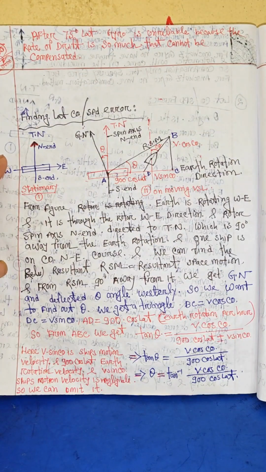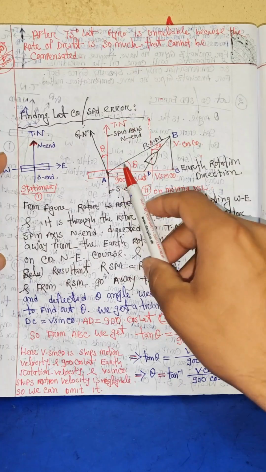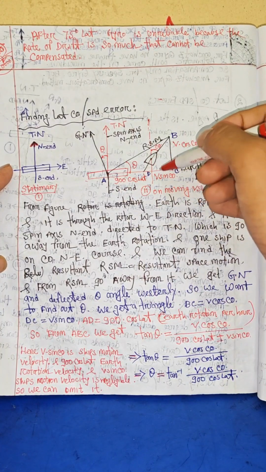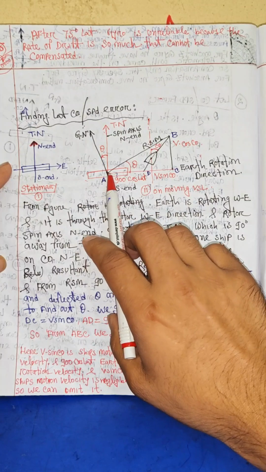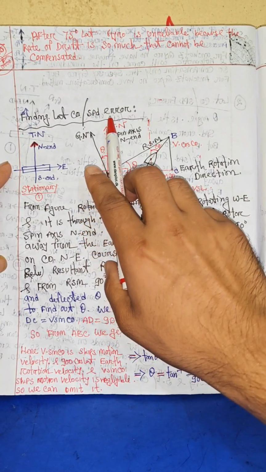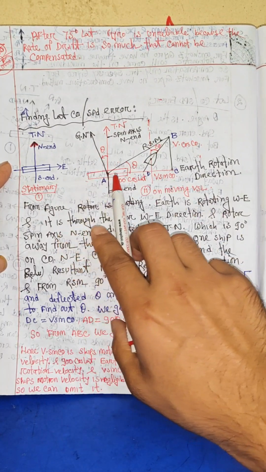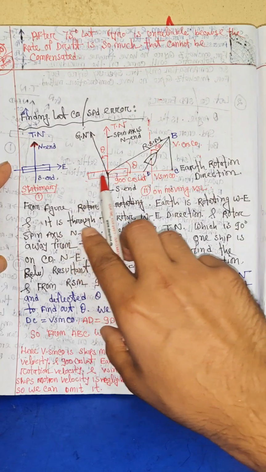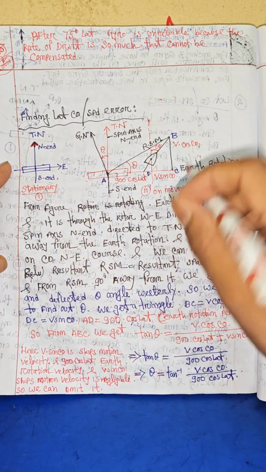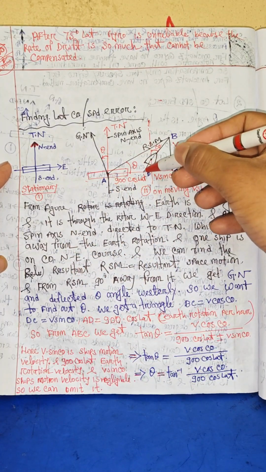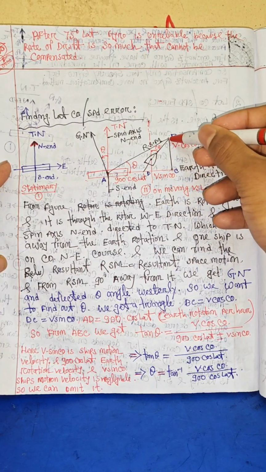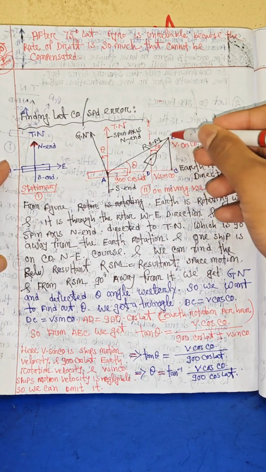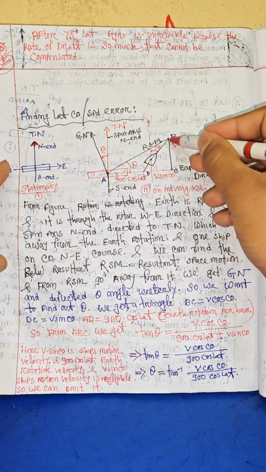Here you can see closely, here is your rotor, this north end showing the true north. This is the earth rotation direction. Okay, so you can consider this is your vessel's heading, vessel's course is this one. So up to this much is the speed vector.